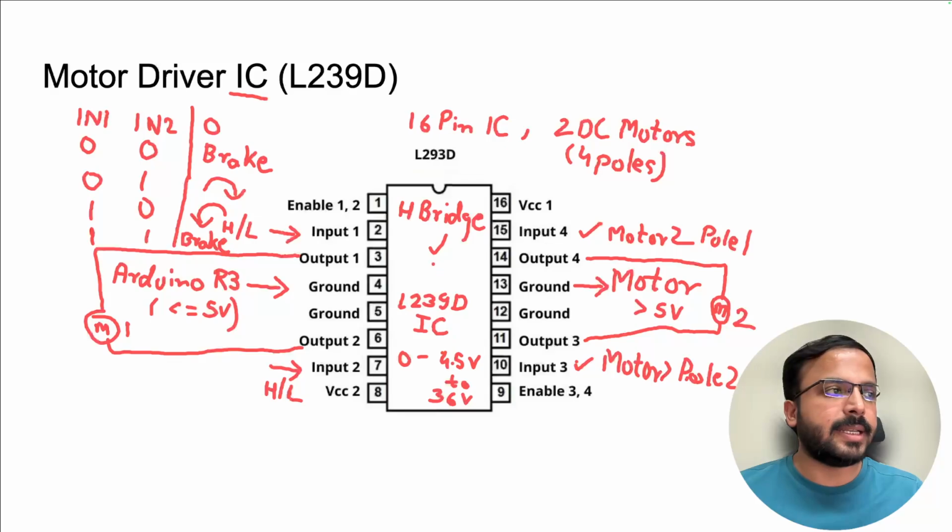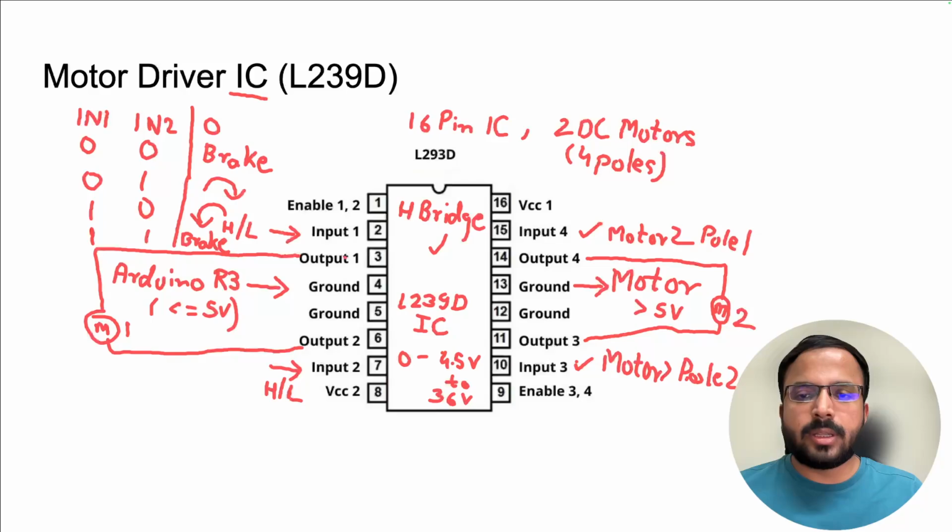The circuit inside is used to drive in this way: input 1 and input 2 drive output 1 and output 2. And if you reverse what you supply on the input pins, the output will change and the motor direction will be reversed.